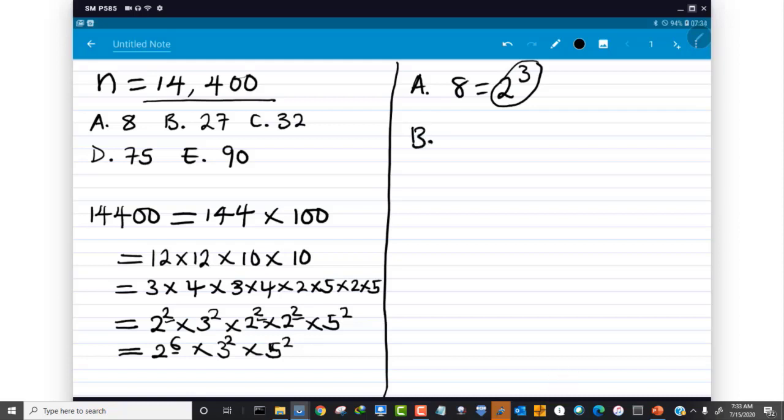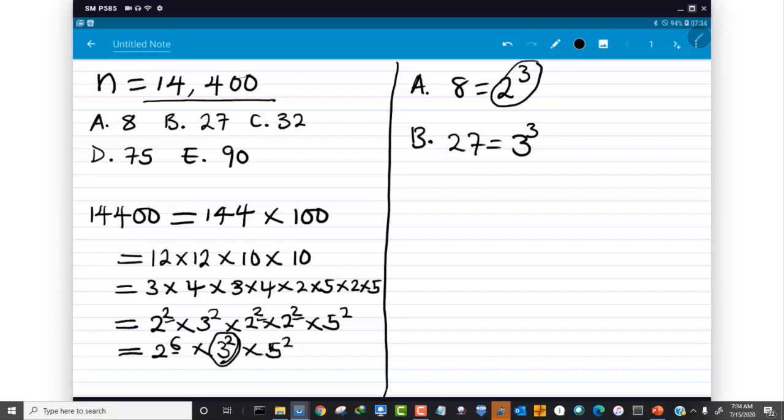If we look at B, we have 27, and 27 is 3 raised to power 3. But as you can see, I have 3 raised to power 2 in my prime factorization. So there is no way I can get 3 raised to power 3 in 3 raised to power 2, and there is no other 3 from the factorization I have here.